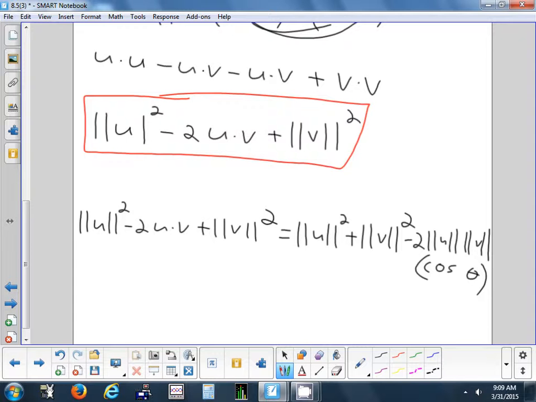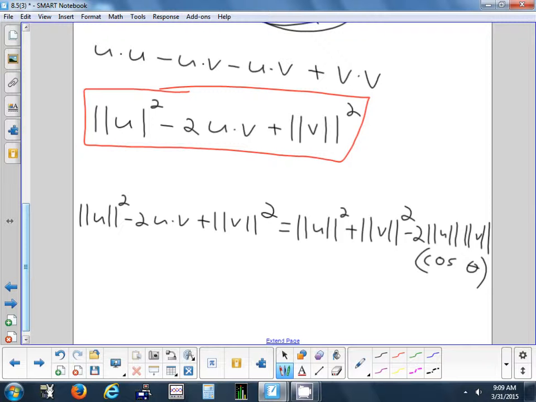Does anybody see something I can do here to simplify that equation? Let's try to get all the like terms on the same side and watch what happens.